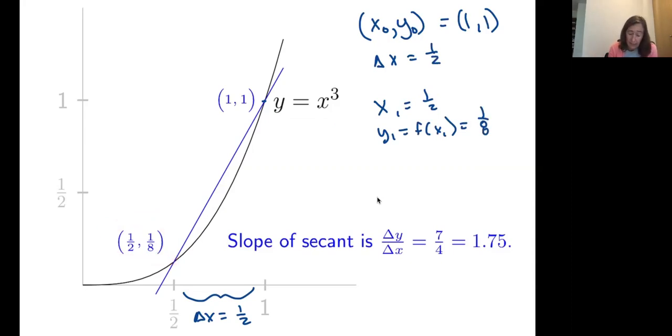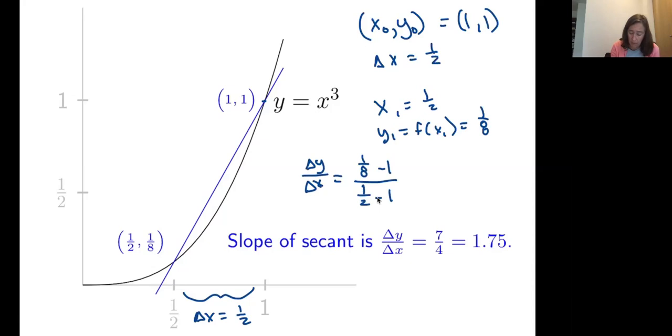Then when I calculate rise over run, I've got my delta y over delta x is 1/8 minus 1 divided by 1/2 minus 1.